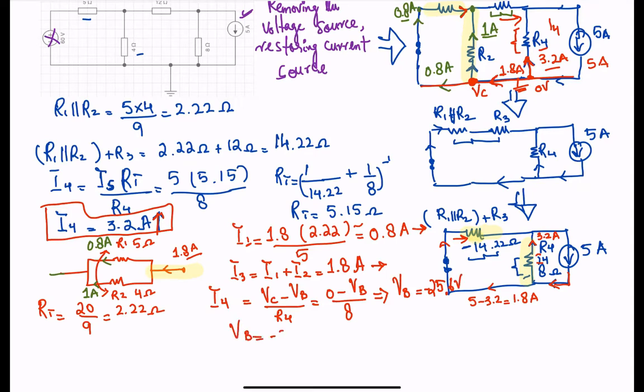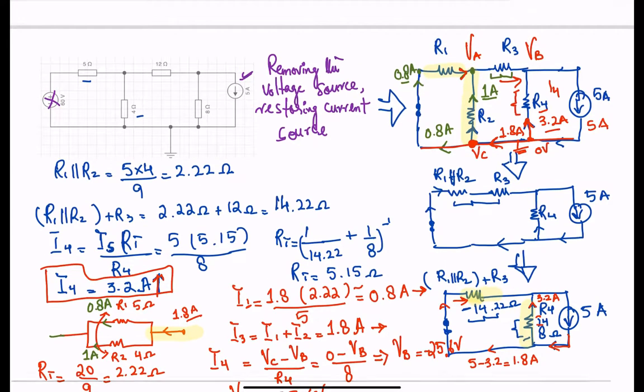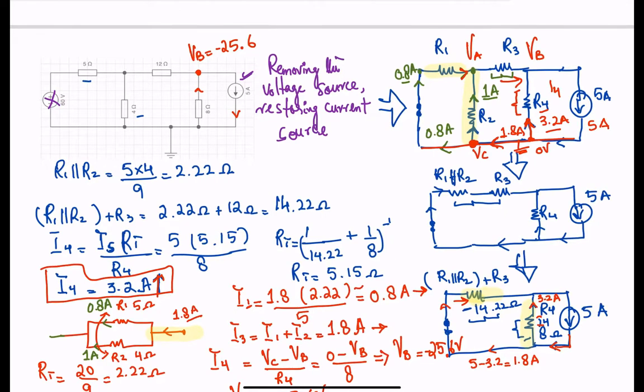So VB equals negative 25.6 volts. Remember, we have 5 amps going here. The current going in here is 3.2 amps.